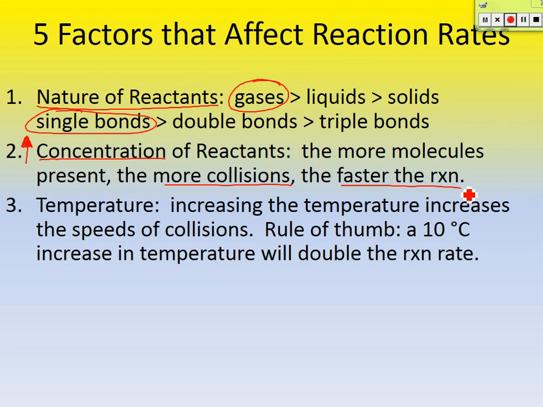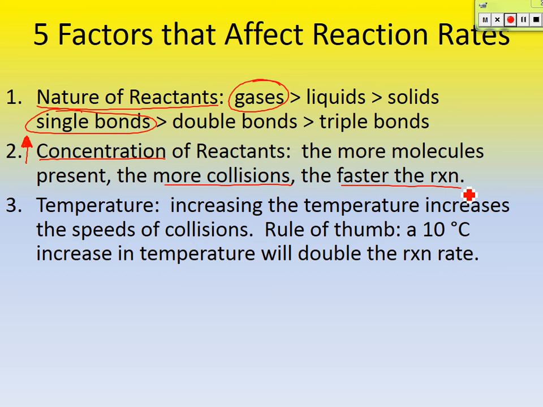All right, temperature. This is a big one. Okay? Make a prediction. Will the reaction go faster if it's hot or cold? Hot is the correct prediction there. So the temperature increases the speed of collisions. Now molecules are just moving faster. They're going to collide more. They're going to collide with more energy to overcome the activation energy. So here's a rule of thumb.